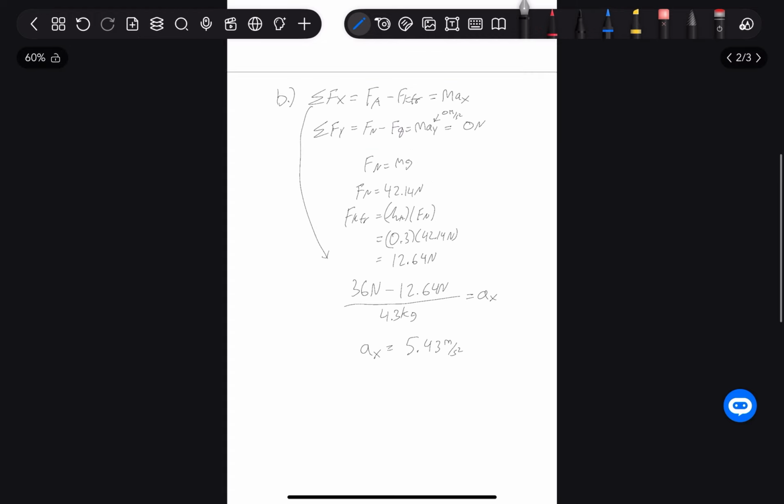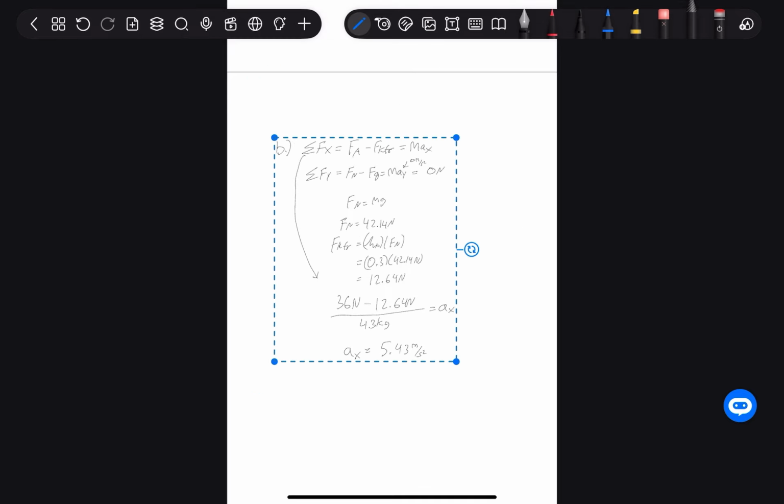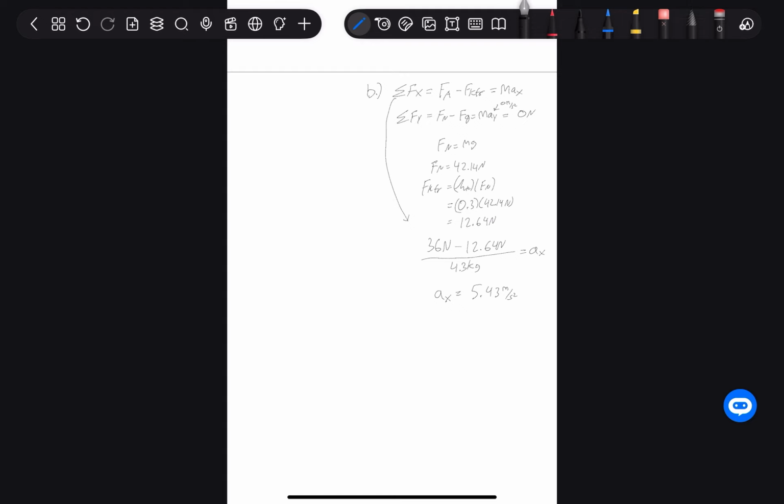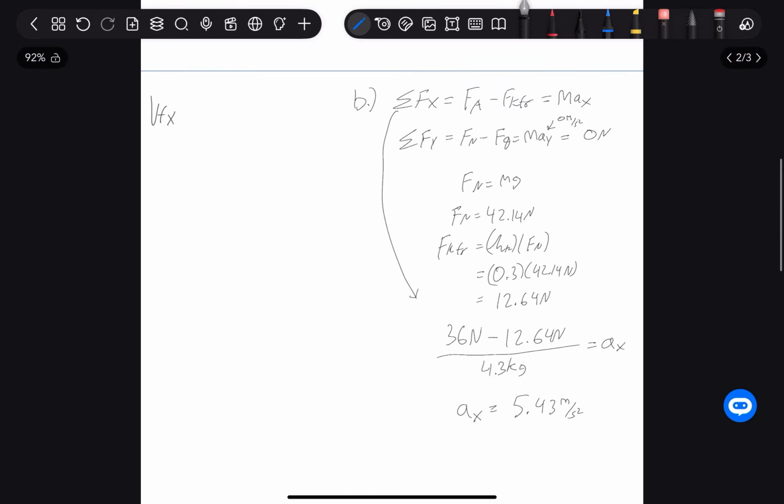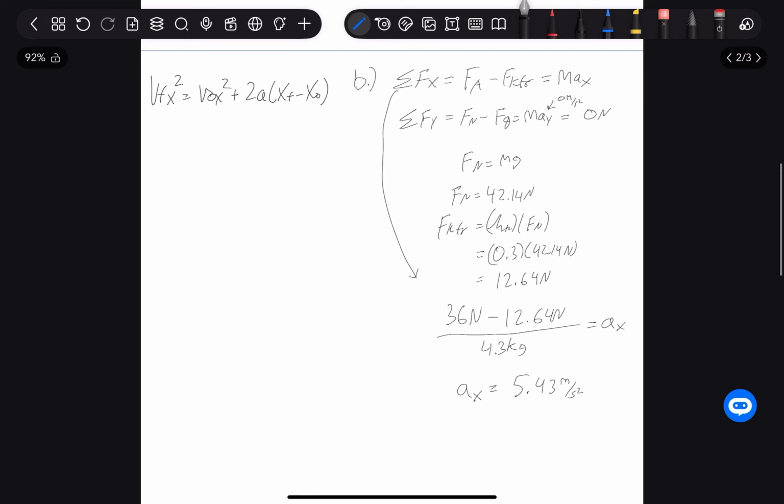We're going to use the same method to find the final velocity using the kinematic equation, since we don't have any value of time given in this, and so that's a very useful equation in this scenario. So we still have the same values for v initial x and x final minus x initial. We're starting from rest, so that's going to be 0 meters per second for our initial velocity, and we're still moving 1.2 meters in general, so we're going to be able to solve for this again.